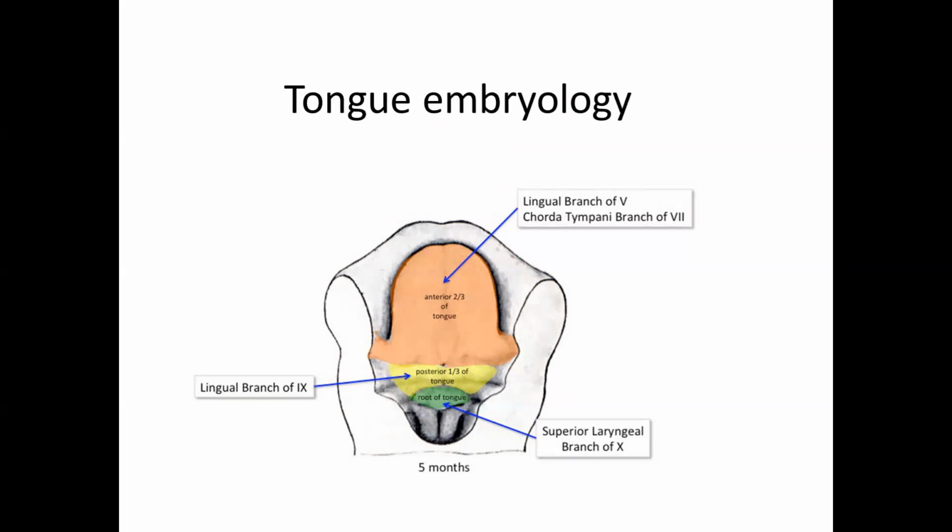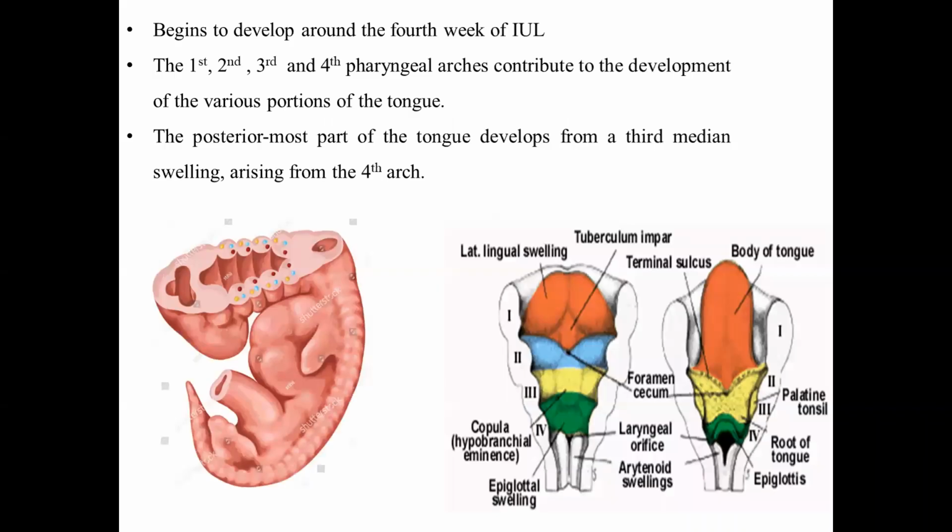According to tongue development, the embryology of tongue, they give us a question: at what age does the tongue start to develop? So it's the 4th week of intrauterine life when the tongue begins to develop, and it develops from the pharyngeal arches.